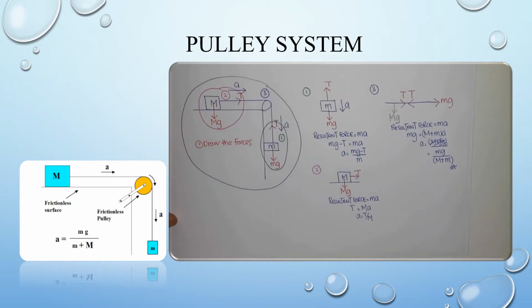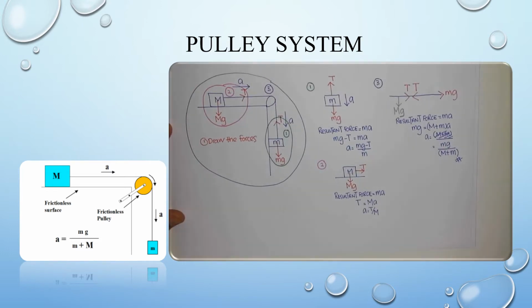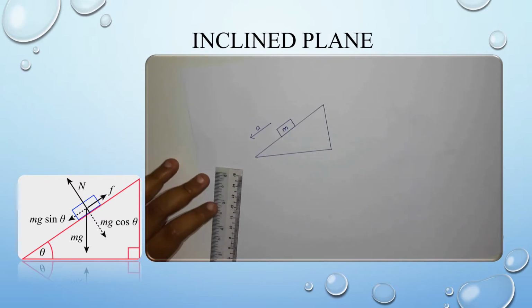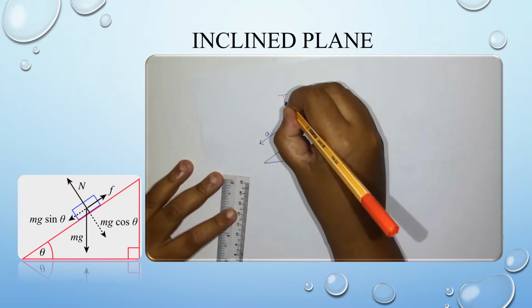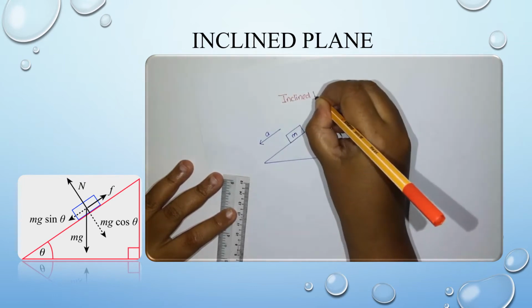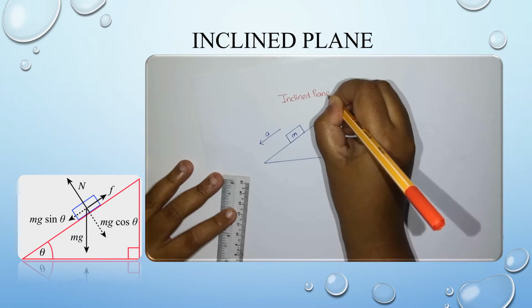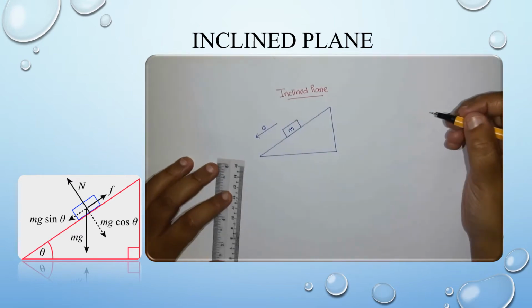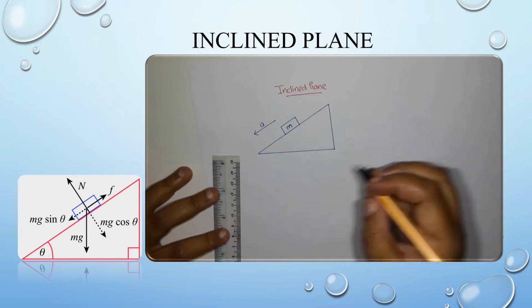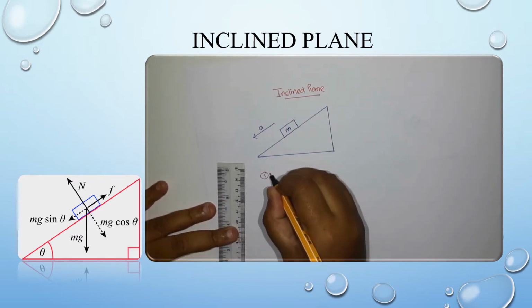So by looking at this system, when you look at this system here, this is an inclined plane. Now what is the first thing you should do, class? The first thing you should do is draw the forces.